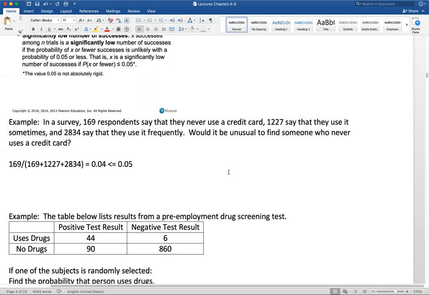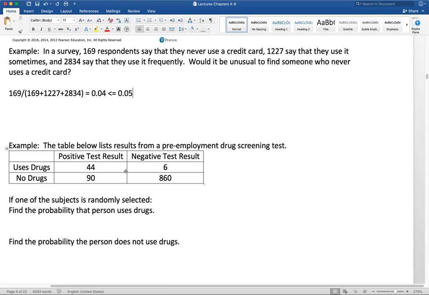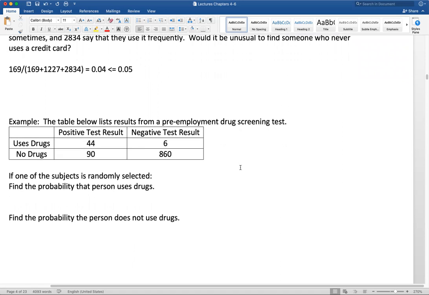That means significantly low. In the next example, the table below lists results from a pre-employment drug screening test. If one of the subjects is randomly selected, we assume that each outcome is equally likely. Find the probability that the person used drugs. We apply the classical approach.